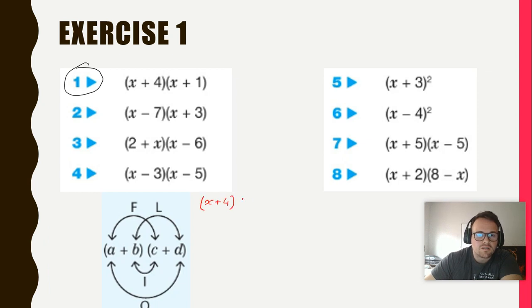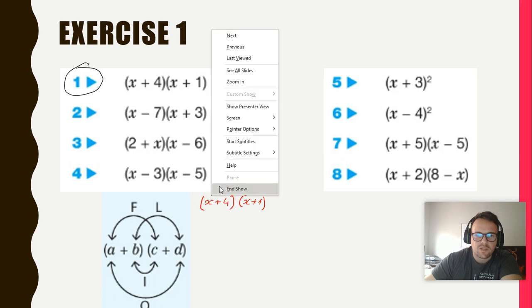But if we take x plus 4 times x plus 1, in my head, it's just easier to do things in order. What's the order? Well, first term is being multiplied by the first term.